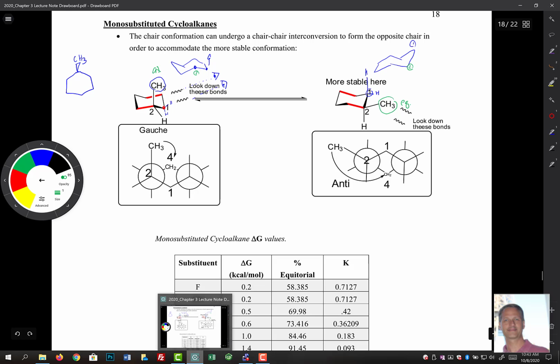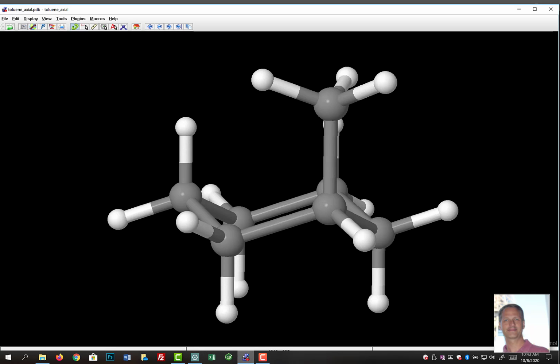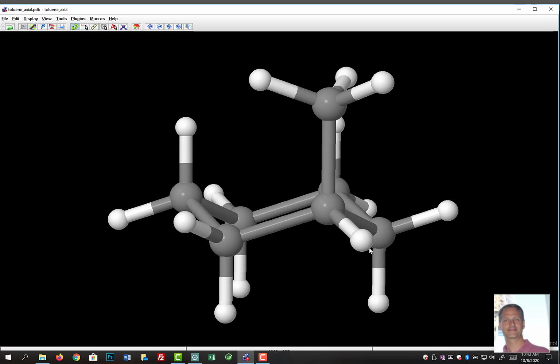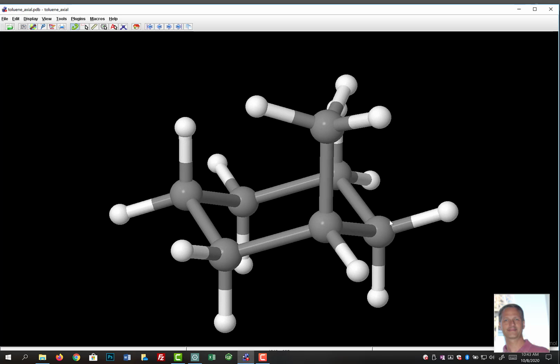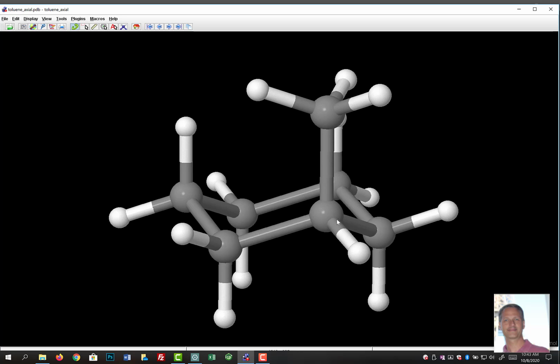Now, when we look at this as our ball and stick model, we can really see the structure a little more clearly. So again, models help with this. Here's your carbon 1. We said that one was an H pointing down. We're coming over, here's our methyl, that's pointing up.